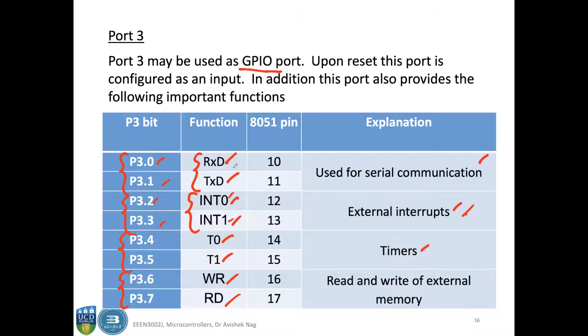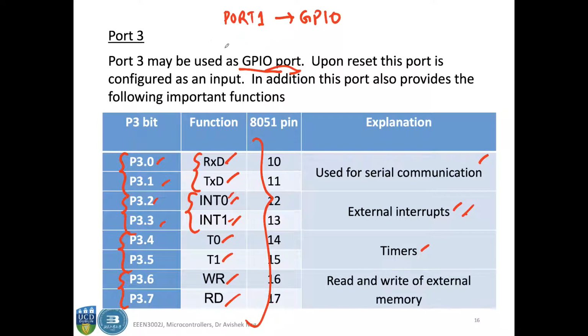Okay, so right now, just for your information, you try to appreciate that port 3 has the general purpose input output function as well as all these different functions. Okay, so you can see that all the ports except port 1, so port 1 is only for general purpose input output.